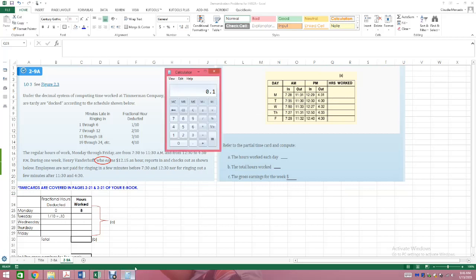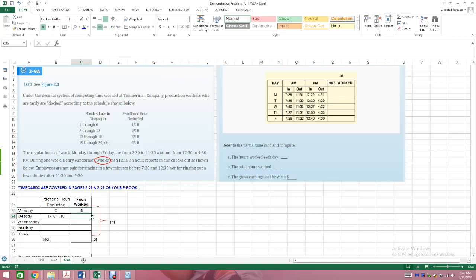An employee should be working 8 hours a day. I'm going to subtract 0.10. So on this particular day, the employee worked 7.90 hours.